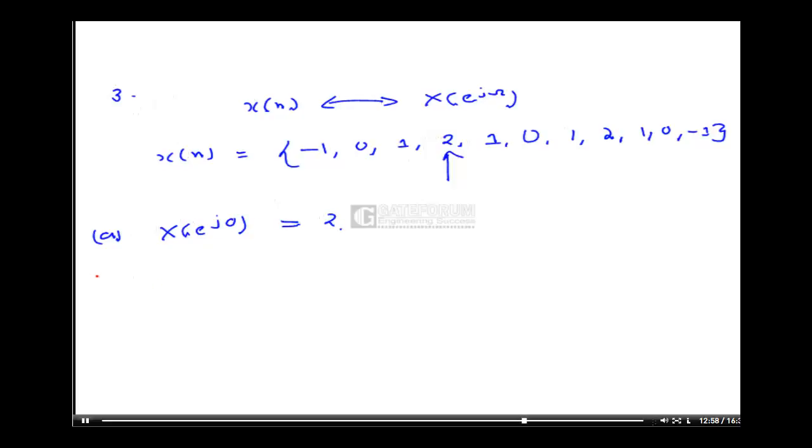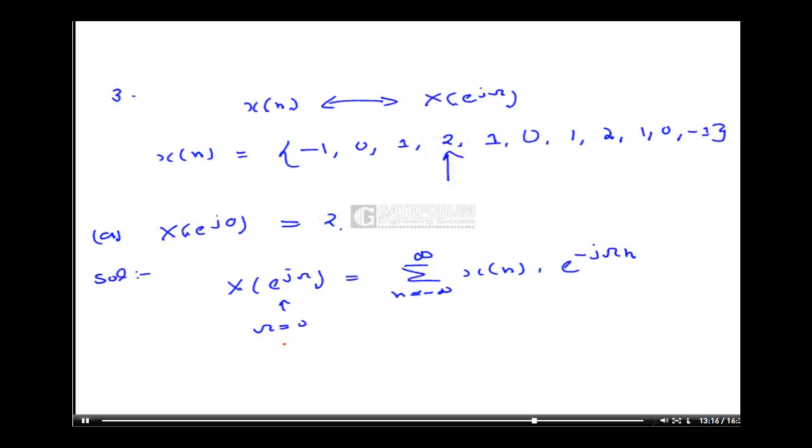Now, the solution for this. We know X of e to the power j omega is the summation n tending to minus infinity to infinity of x[n] e to the power minus j omega n. Okay, if in this I substitute omega equal to 0, then X of e to the power j0 will become the summation n tending to minus infinity to infinity of x[n].